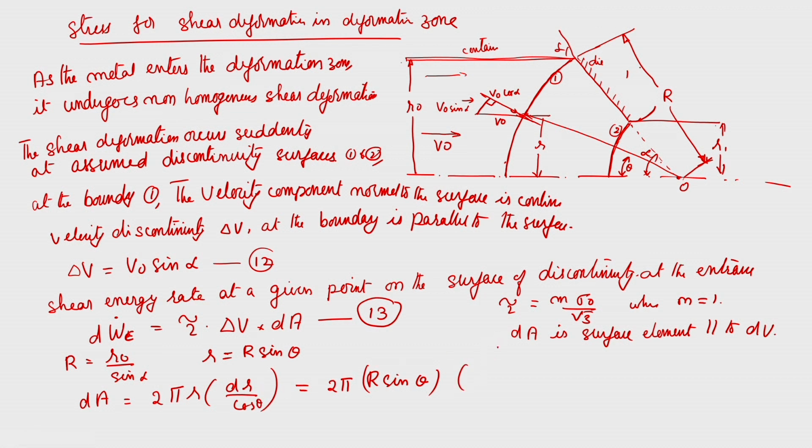This is cos theta, so we can write R cos theta d theta by cos theta, or that is equal to 2 pi R square sin theta d theta. So, this is dA.